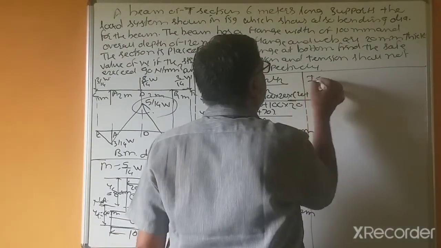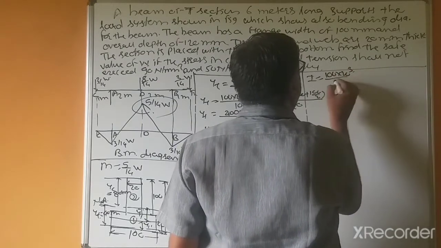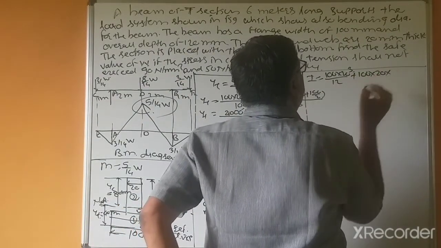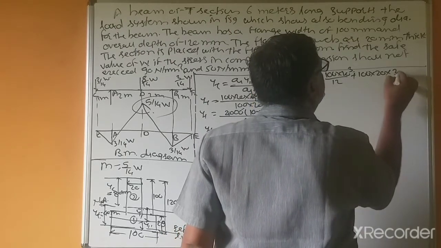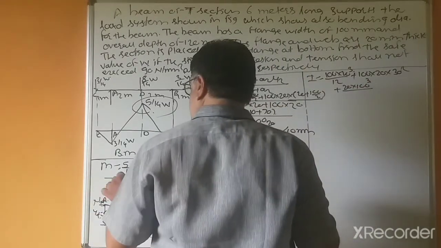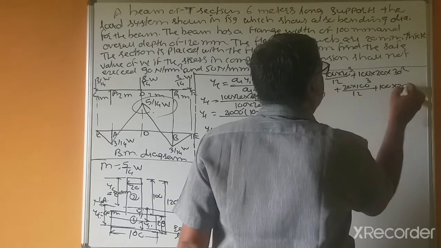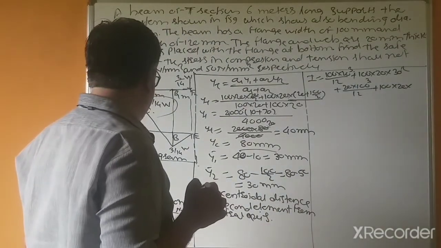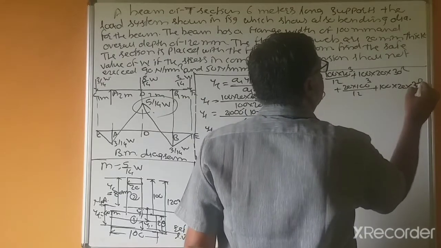So moment of inertia equal to, directly can I write here, 100 into 20 cube divided by 12 plus area 100 into 20, y1 bar 30 square, plus 20 into 100 cube divided by 12, because this is 20 and this is 100, plus area into y2 bar, 80 minus 50, so both are same, 30 square.